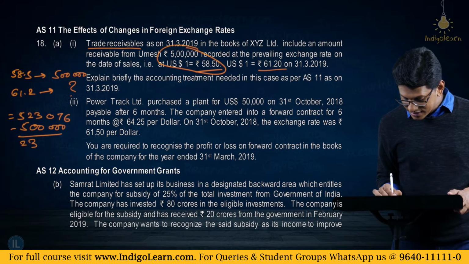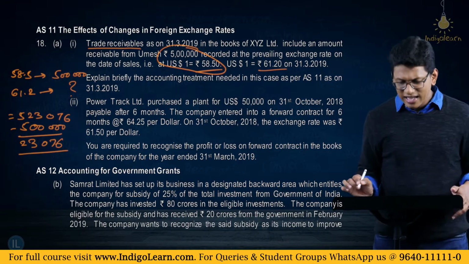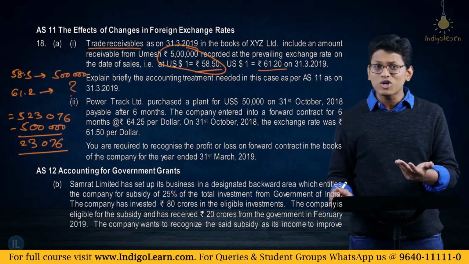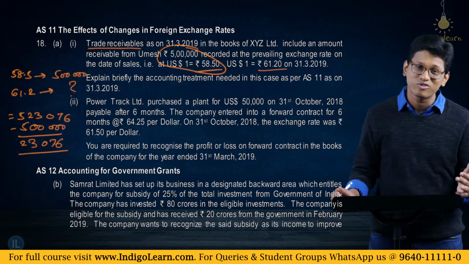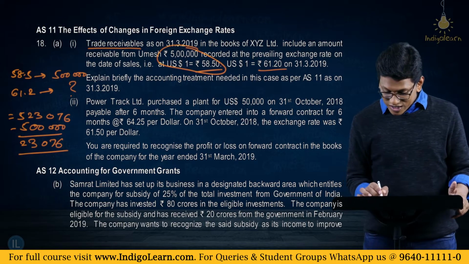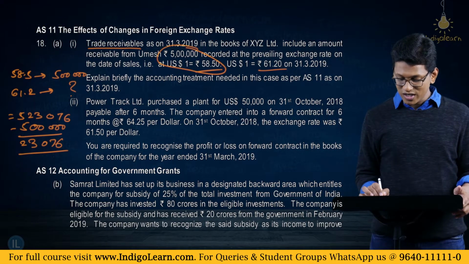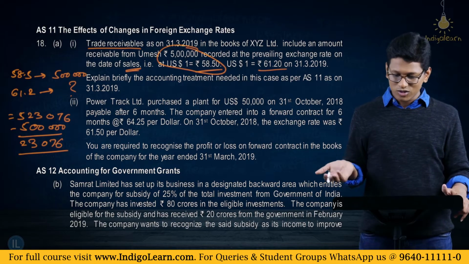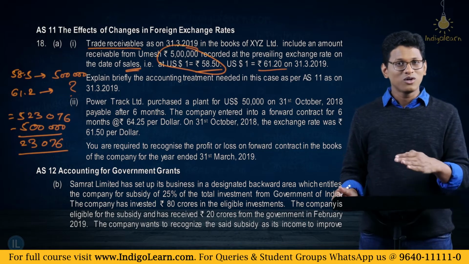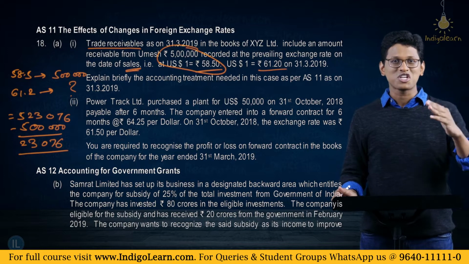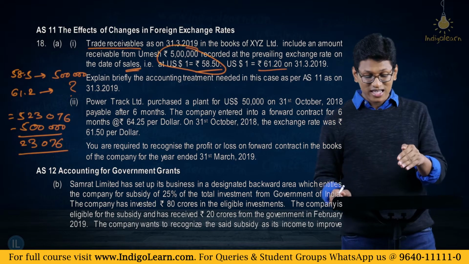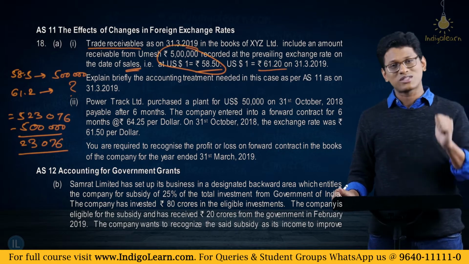This 23,076, is it a gain for us or a loss for us? Think about it. It's a gain for us. Why? When we sold earlier, that is why we have receivables, right? So when we sold earlier, we thought we would receive only 5 lakhs. Now the exchange rate has gone up from 58.5 to 61.2, so we will receive not 5 lakhs, we will receive 5,23,076.